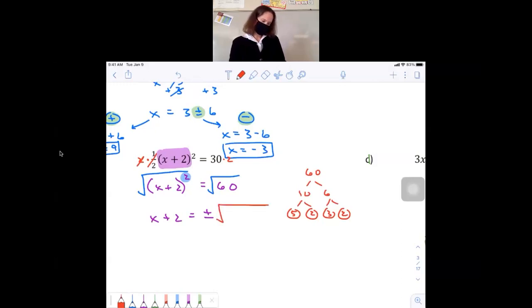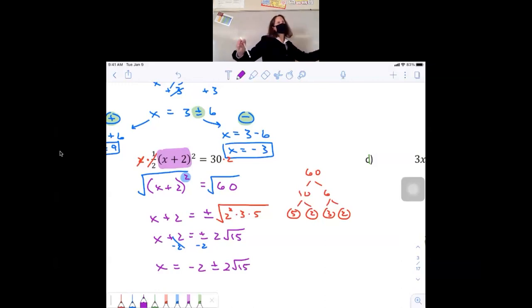Neither of those are dead ends. 5 and 2, those are both dead ends. 6 is, okay. We have some here that I can simplify. 2 squared times 3 times 5. Yep, so x plus 2 is equal to plus or minus 2 times the square root of 15.